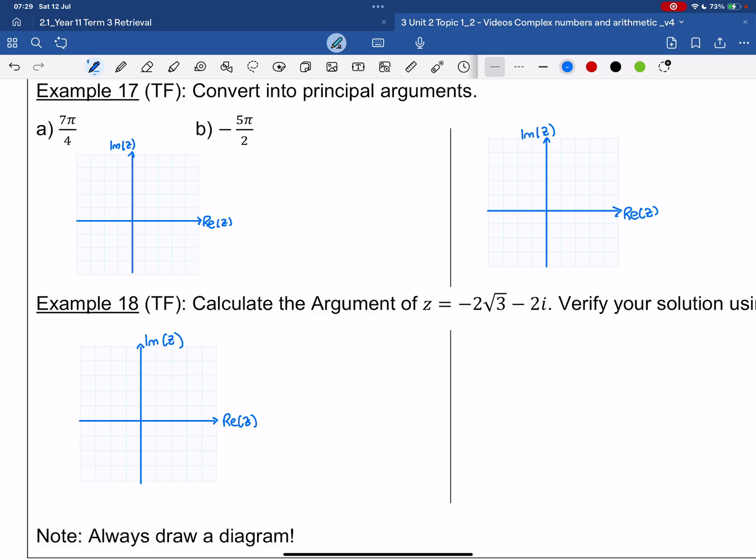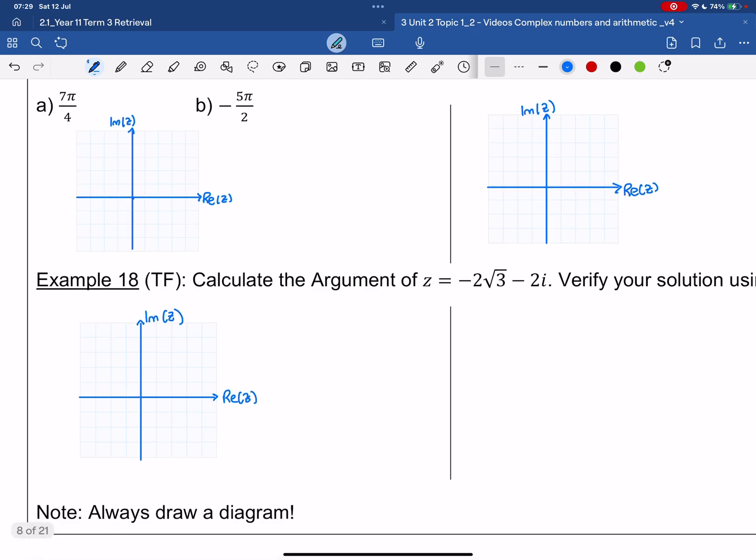And so we define a domain for a principal argument, and that is between negative pi and pi. So it's just a single unit circle, and whatever angle we get, we need to just make sure that we are within that domain. All right, so if I look at the angle 7 pi on 4, well, 7 pi on 4 is nearly 8 pi on 4, which is nearly 2 pi.